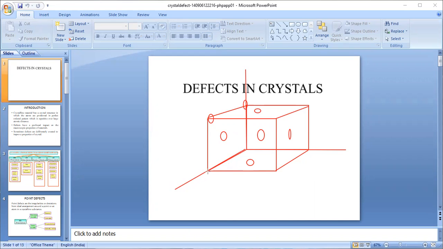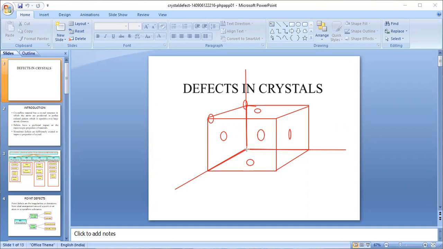Here we are going to measure the dimensions of the unit cell by taking an example from this position to this position, and from this position to this position. We are calling it B, and from this point to this point, we are defining it as A. This is the length, A, and this is the breadth, B, and this is the height, from this point to this point.